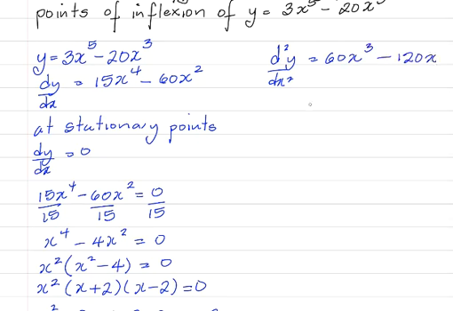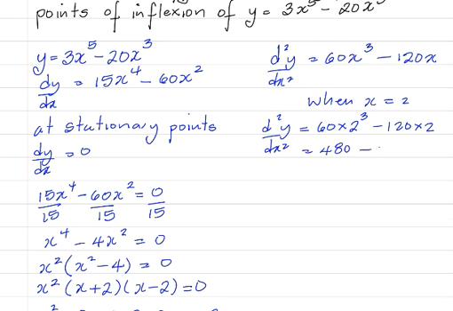Now, when x is equal to 2, d2y by dx squared is equal to 60 times 2 cubed minus 120 times 2. So again here we have 480 minus 240, and this is a positive 240.